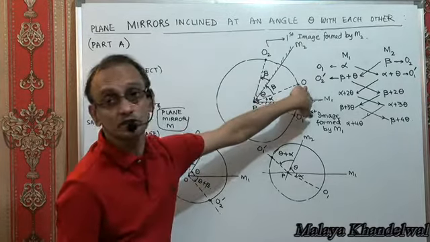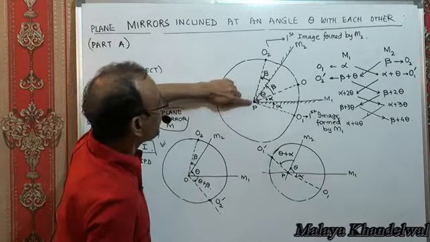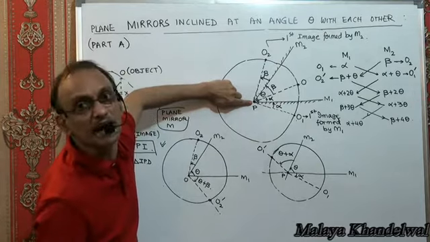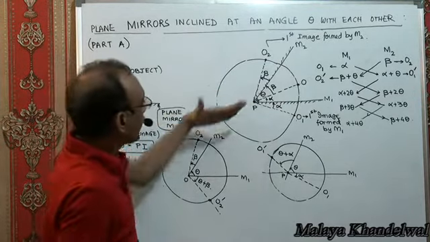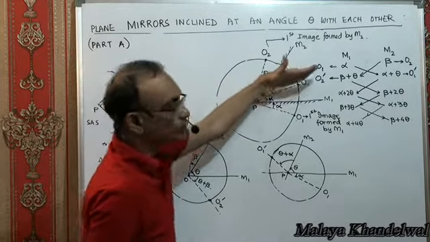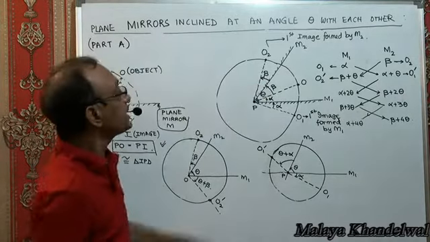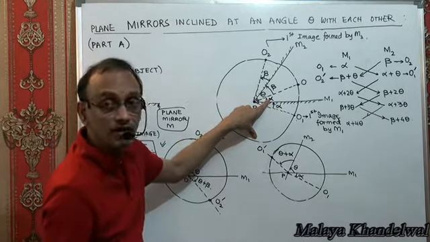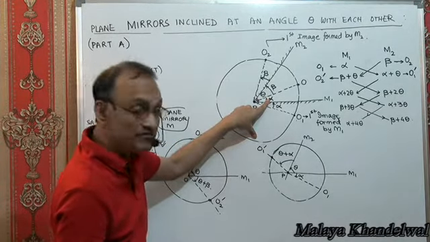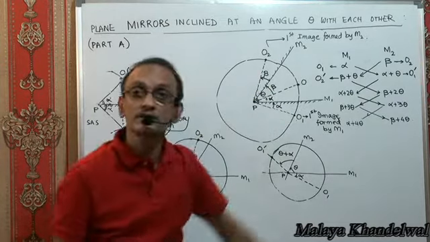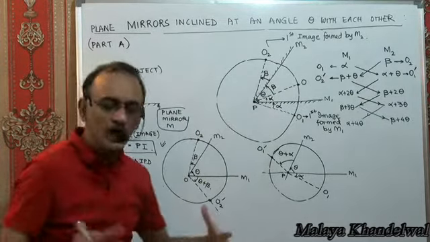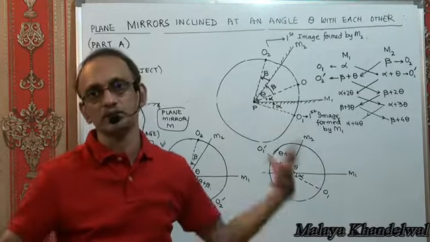And there is an object O. I take the point of intersection of the two mirrors as P. Now I join O to P, the object to the point of intersection. Suppose OP makes an angle alpha with the plane mirror M1, and an angle beta with the plane mirror M2.